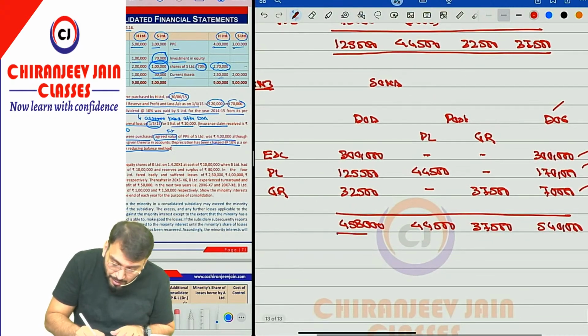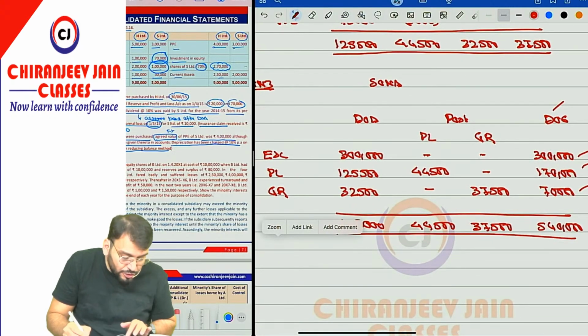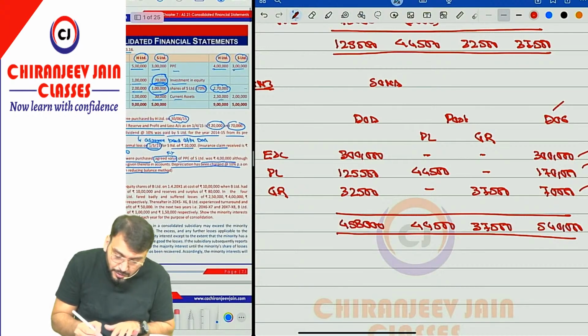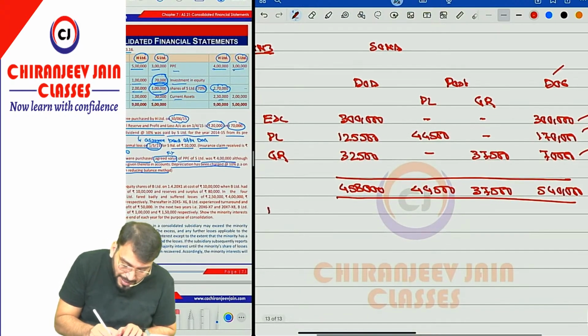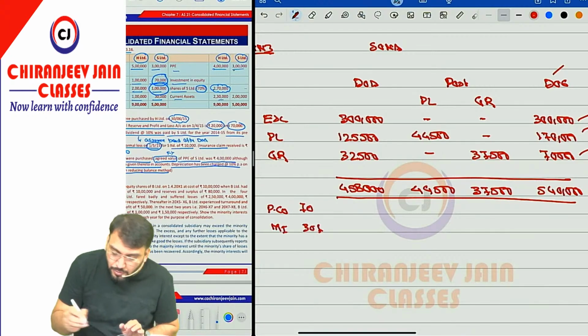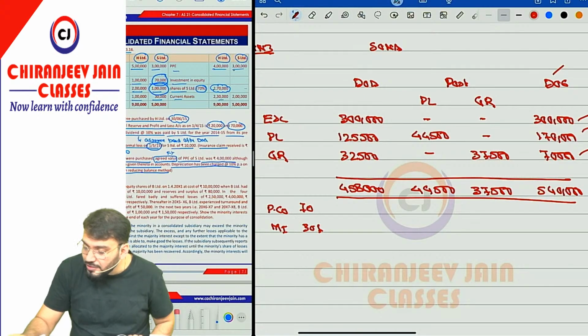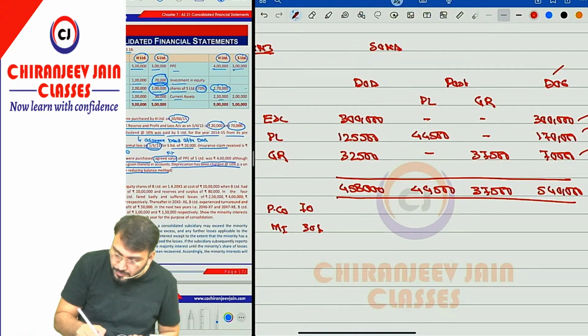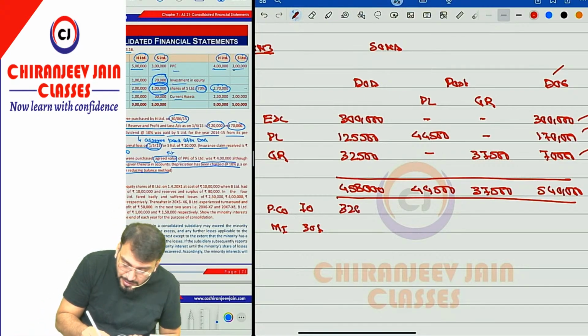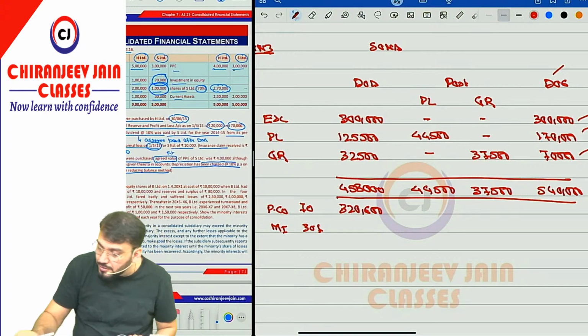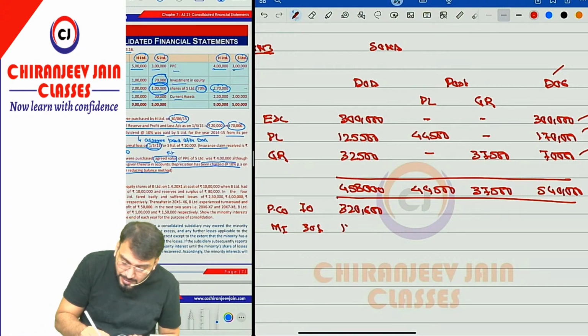Now in which ratio will this be allocated? What was the 70%? So 70% means how much belongs to the parent company? How much belongs to MI? So 70% and 30%. So do it: 4,58,000 into 70% is how much? This is 3,20,600, minus equal to what? 1,37,400.